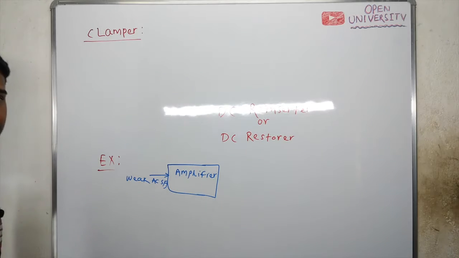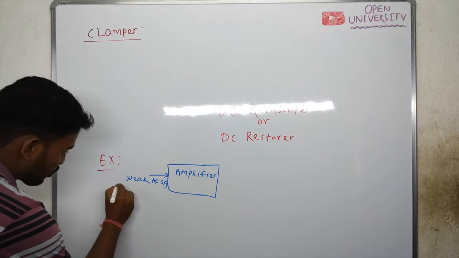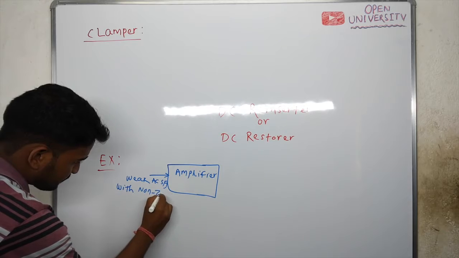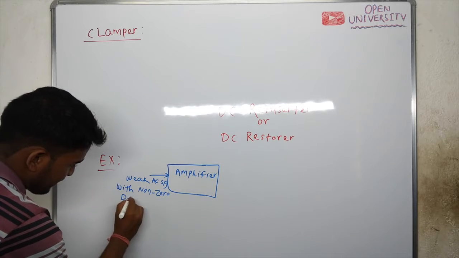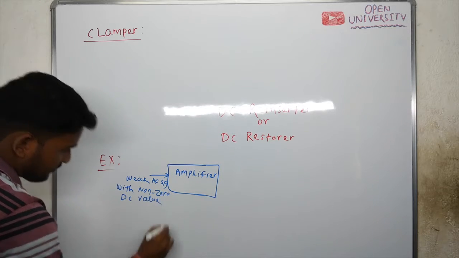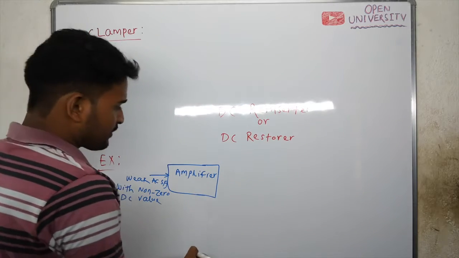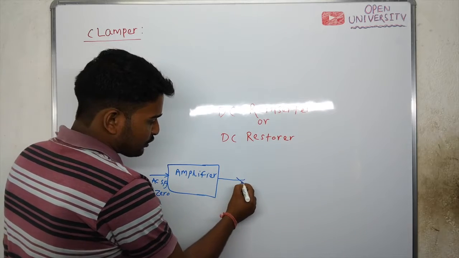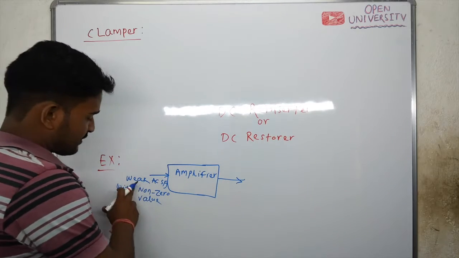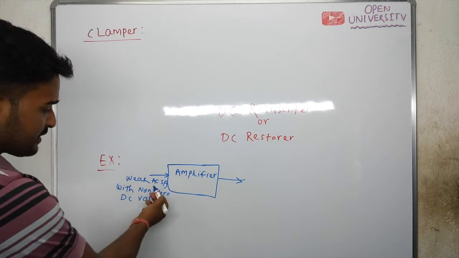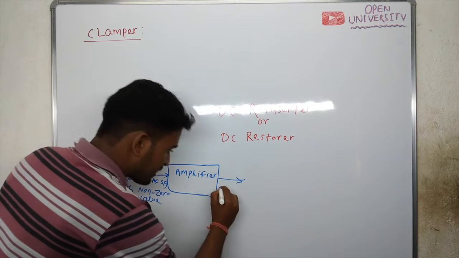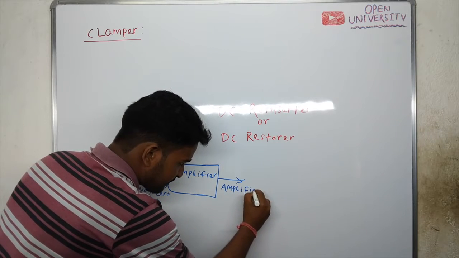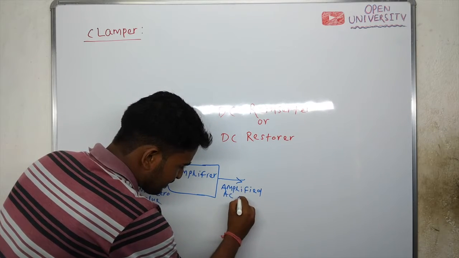The input to the amplifier is a weak AC signal with a non-zero DC value. But after the amplifier, you will get an amplified AC signal. This weak AC signal will be amplified.